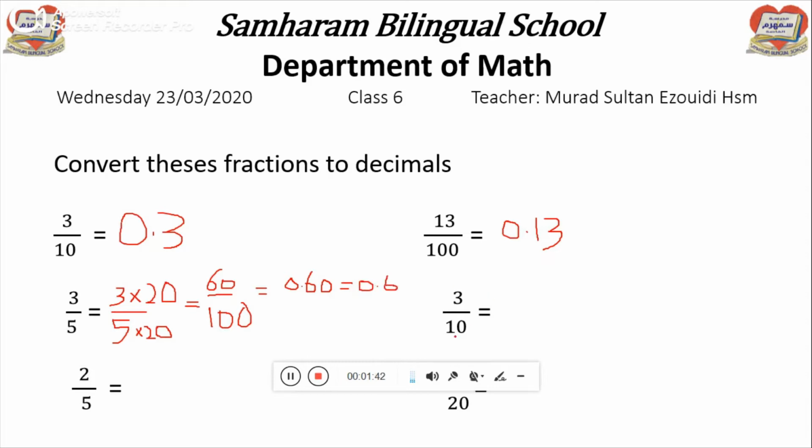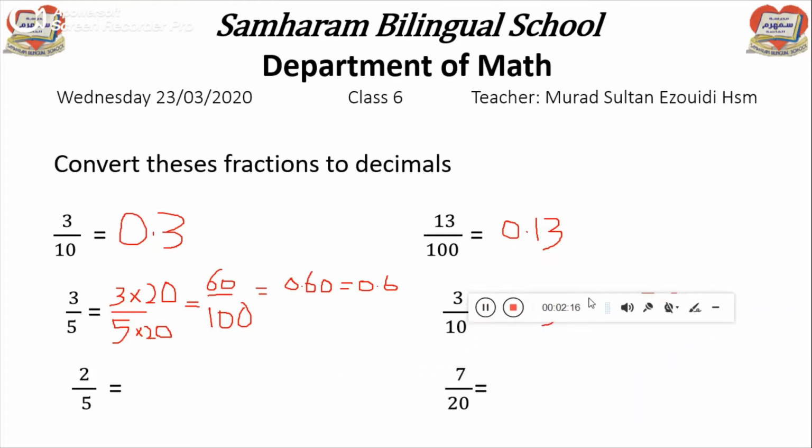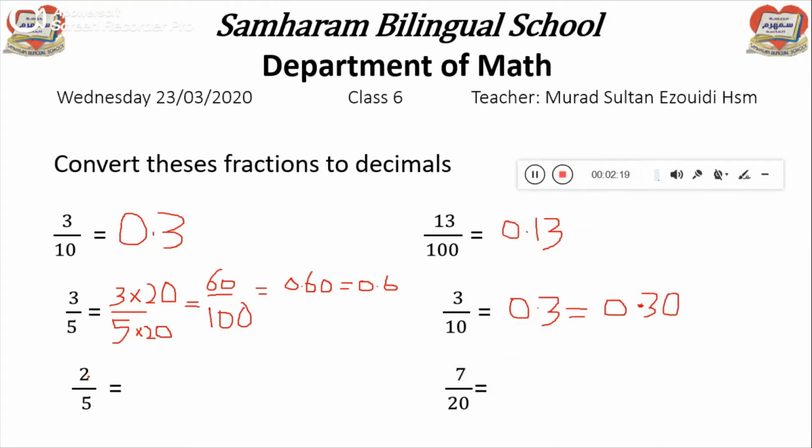Then 3 divided by 10, my kids, you can write as 0.3, or equal also to 0.30. This is a point, my kids. Then the next one, we have 2 divided by 5.